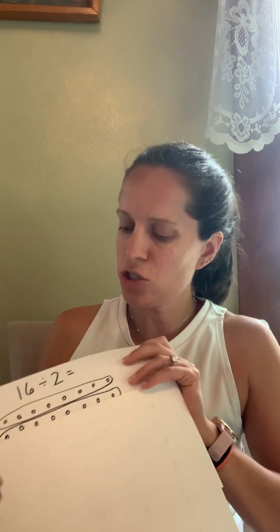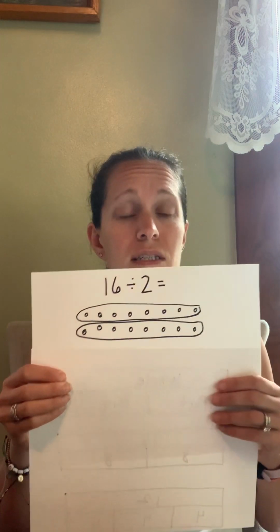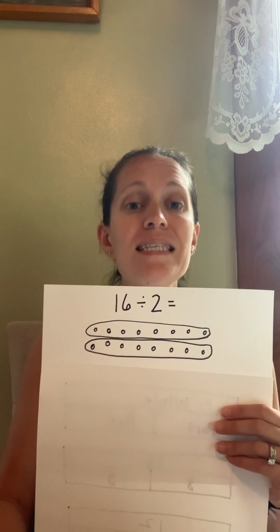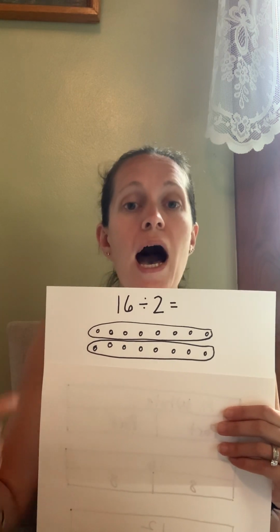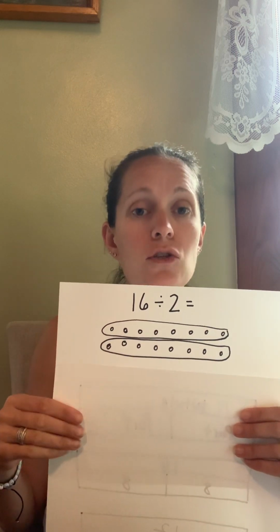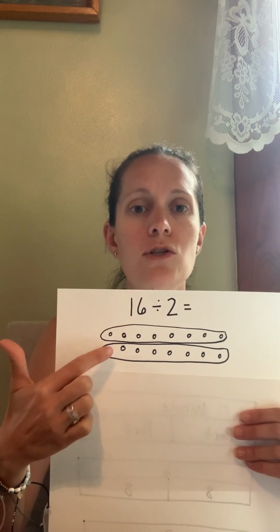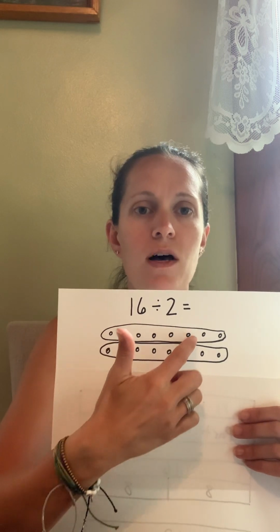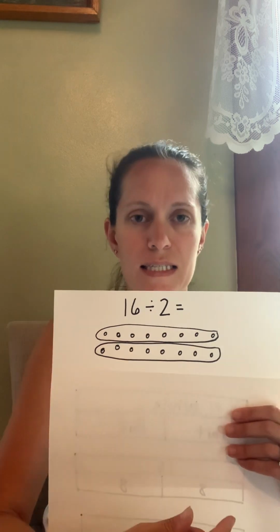Now, another way we can think about it is drawing pictures, or again, using the counters and separating into equal groups. So if, again, I have the equation 16 divided by 2, I would make my 16 dots in groups of 2. So how I have the students do these is draw 1, 2, 3, up to 16, okay?